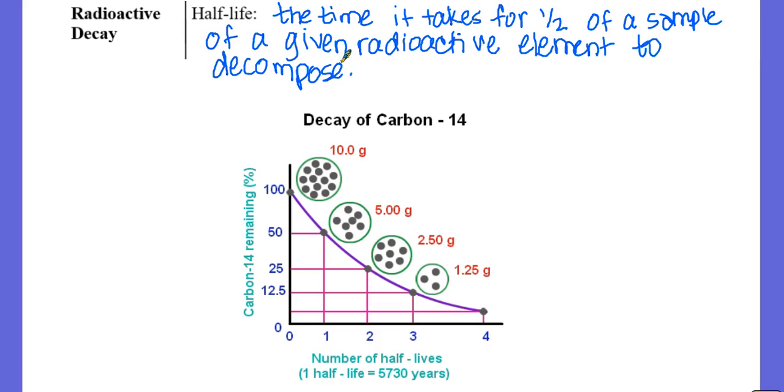So the example that I put up on the board for you is the decay of carbon-14. And carbon-14 is used to date how old something is. So if you're talking about fossils, you can measure how much carbon-14 is in that fossil and determine how old that fossil is or at what time period it was alive, because when we're alive, we take in the carbon that is in our environment.